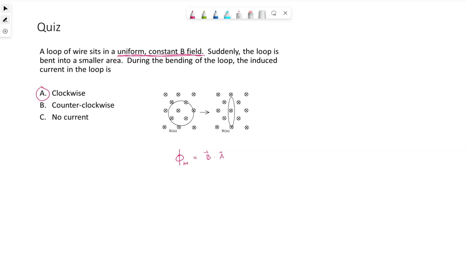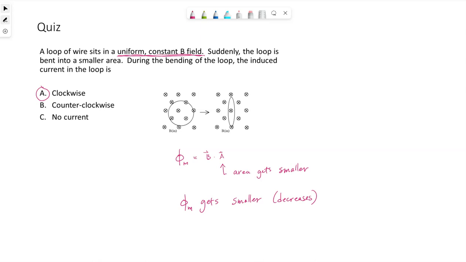In this particular example, the area gets smaller. That means the magnetic flux gets smaller, meaning it decreases. So since the flux is changing, there will be an induced current.